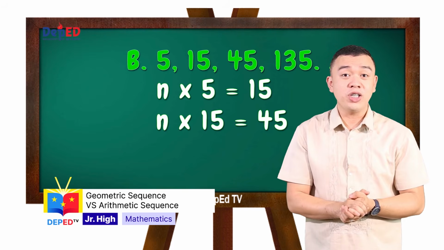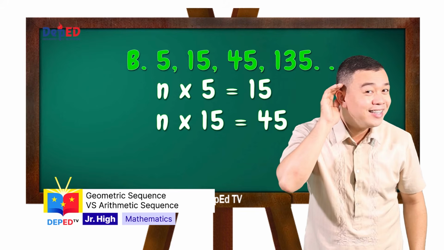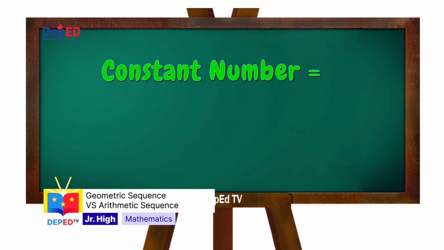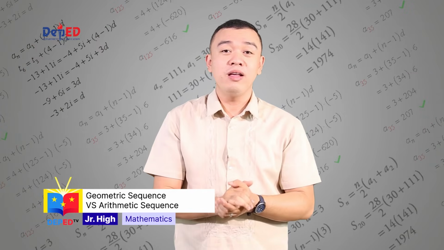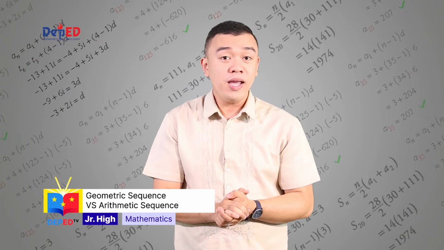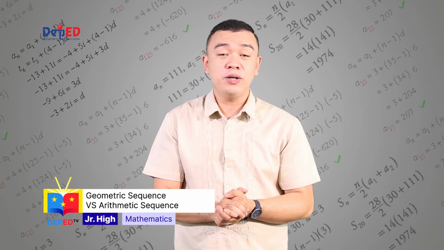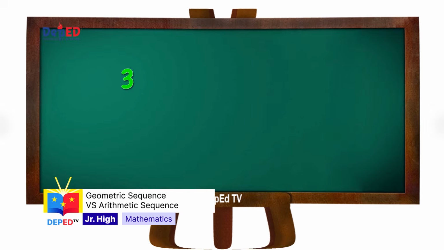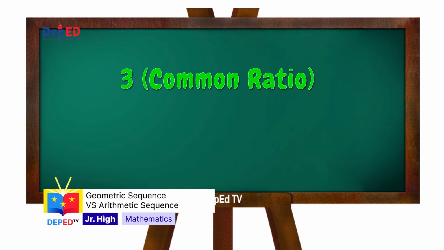What is the constant number? Yes, it's 3. And what do you call the constant number 3 multiplied to the term to get the succeeding term? Very well. We call it the common ratio.